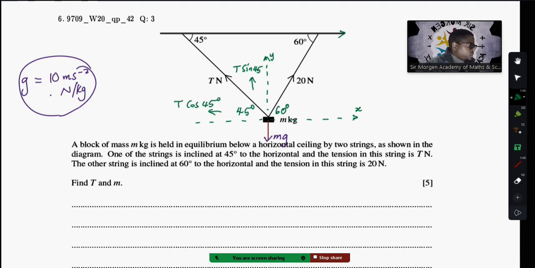For the 20 newton force, the vertical component is 20 sine 60 degrees, and the horizontal component is 20 cos 60 degrees. Now we can equate the vertical components and also equate the horizontal components.